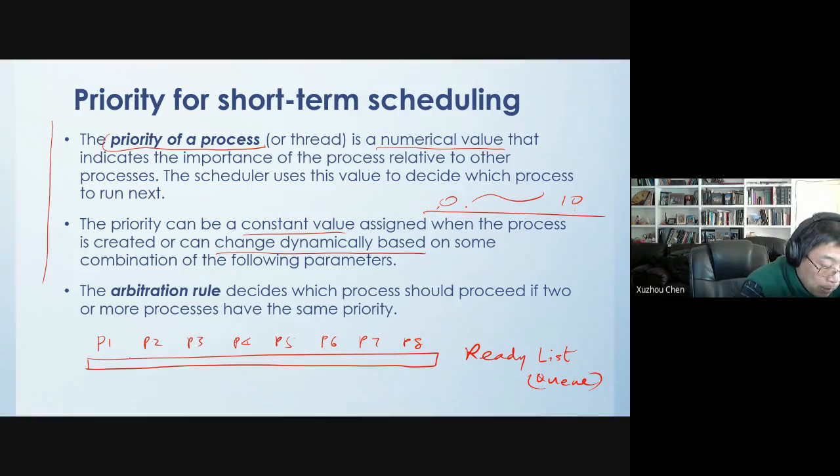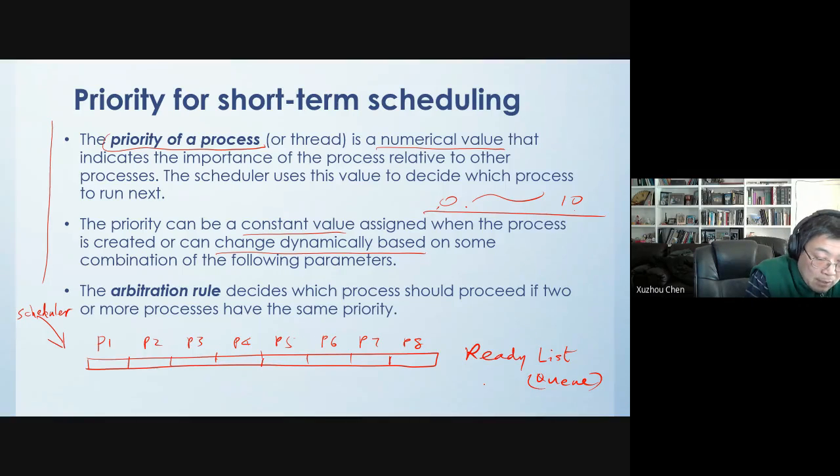Process 1 is at the beginning, process 2 is next, then 3, 4, 5. Now, when the CPU is available, the scheduler is going to pick which one should be selected. The scheduler says, who is next?